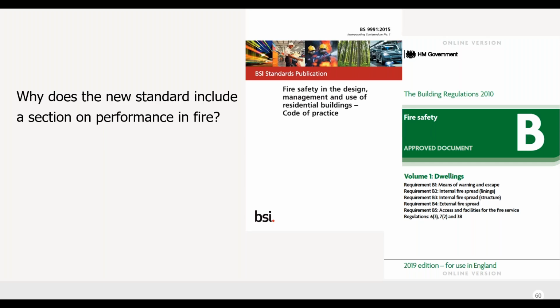This standard seeks to address this. It must also be remembered that in the hierarchy of the regulatory environment, the requirements of the building regulations have more weight than this British standard. Next, please.